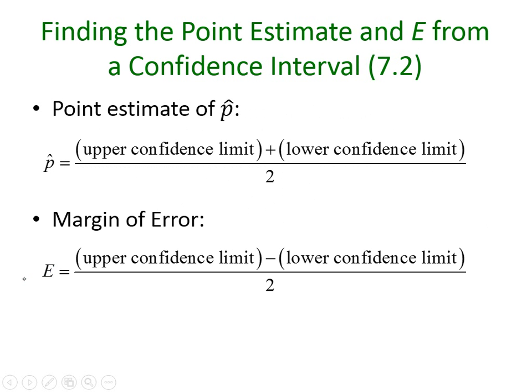All right. Now, when your calculator gave you the information, it gave you your upper limit and your lower limit. Say I had my calculator give me a confidence interval of 0.246 to 0.384, and I really wanted to know the sample proportion and the margin of error, so I want to write this instead as p hat plus or minus e.